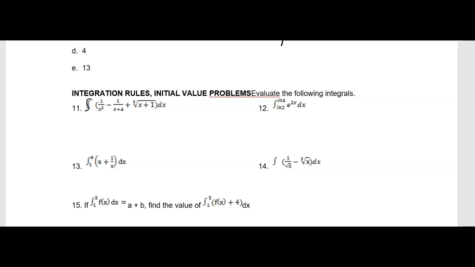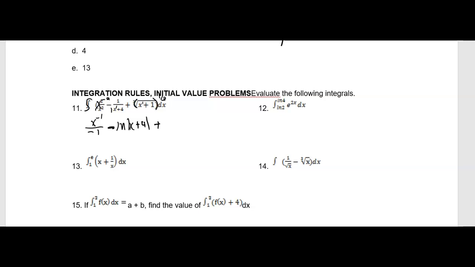So for antiderivatives, we would want to treat this as x to the negative 2, and then we know we add 1, and then divide by whatever our new exponent would be, minus, as long as this has a power of 1, which it does, that's a natural log, and we don't have to worry about dividing by anything because that x has a coefficient of 1 also. This has a power of 1/3.